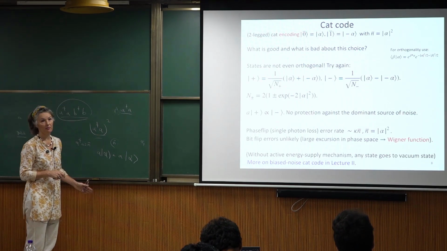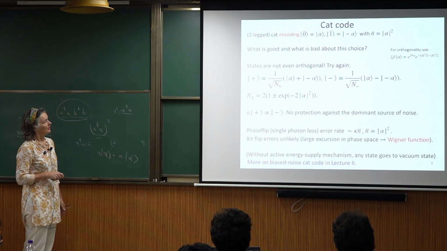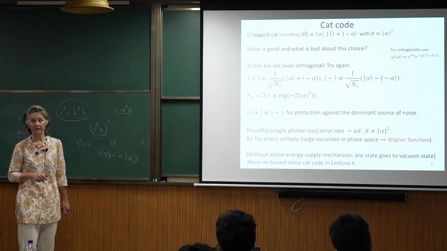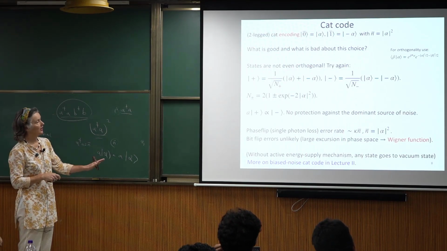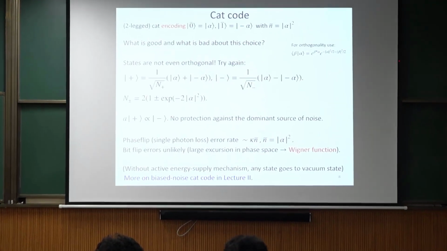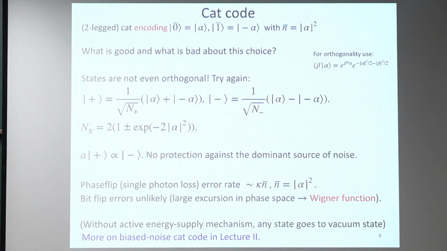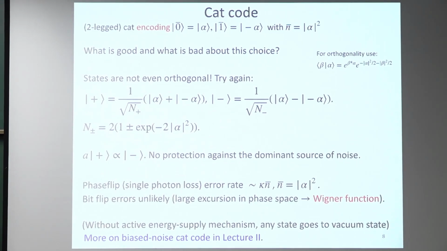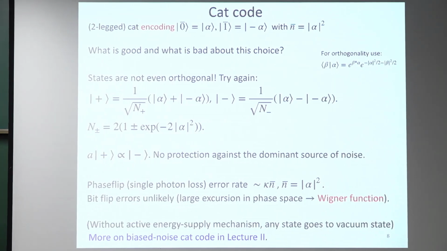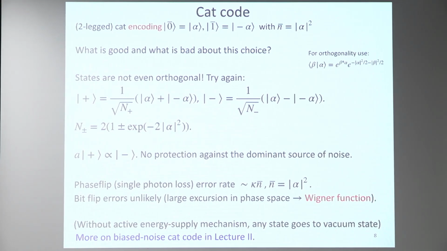This looks like a very bad qubit, because if I lose a photon, this is a state with even photon parity, and this is a state with odd photon parity. So I go from even photon parity to odd photon parity by photon loss, and that induces a phase flip error.